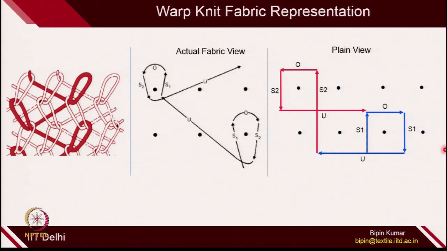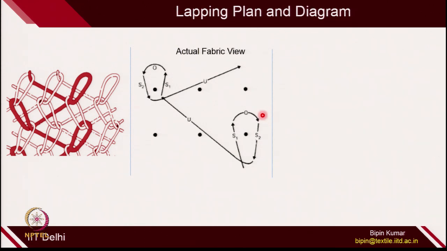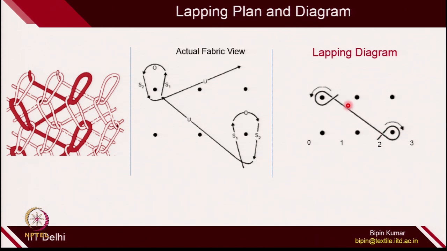But for now, understanding the actual fabric view or planar view is very important. Further, these two diagrams can be simplified with the help of a simple lapping diagram. Instead of drawing like this, you can simply draw the loops connecting one needle with other needles and changing the course.